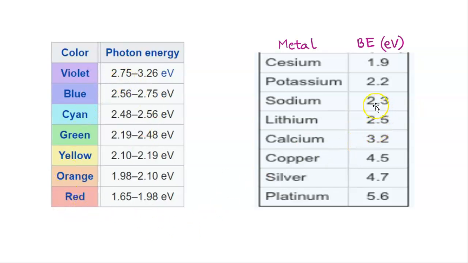Even the lights which have lower energy than lithium's binding energy, you can use that light also to eject electrons from lithium. But then you have to use an intense beam, a strong beam, to eject electrons. And if you use a dim light, then the electrons will get ejected, but after some time.